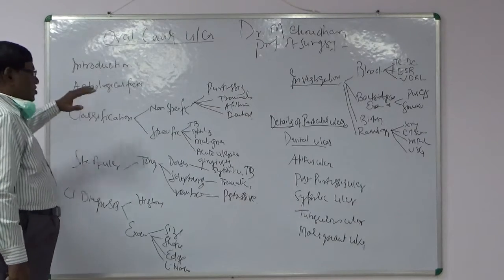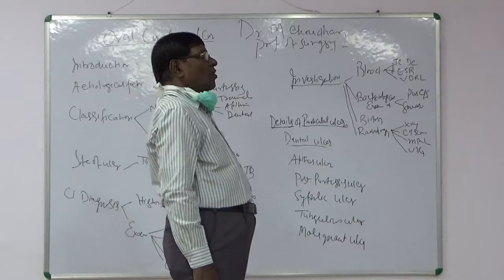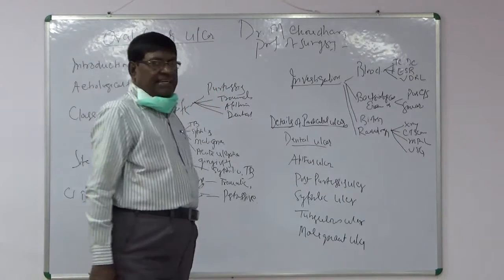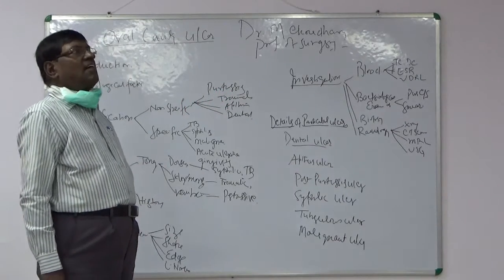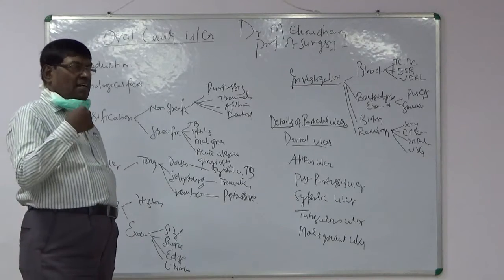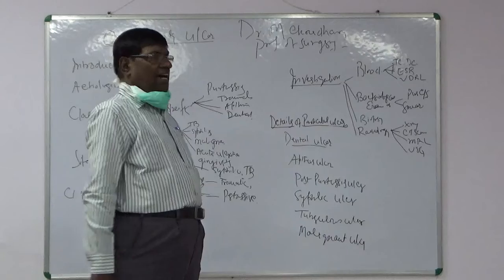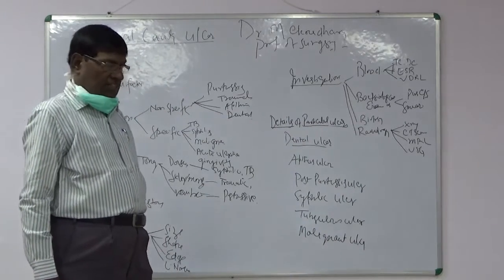So what are the ecological factors? Most of the ecological factors in the oral cavity are trauma of the buccal cavity by the chewing process, by the speaking process, or by biting of the mucosa of the cheeks and oral cavity, which makes the ulcer.